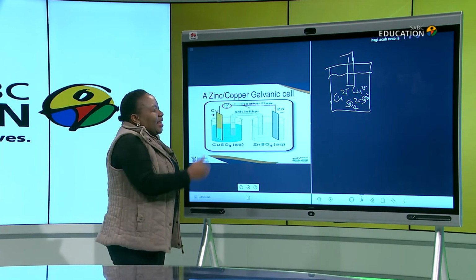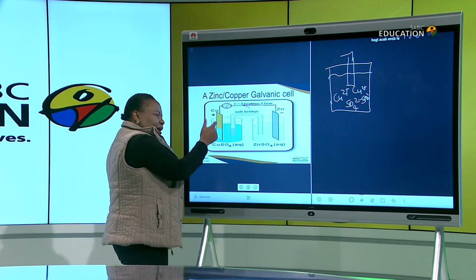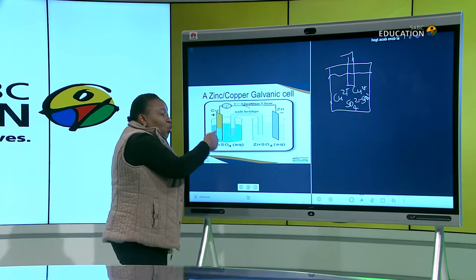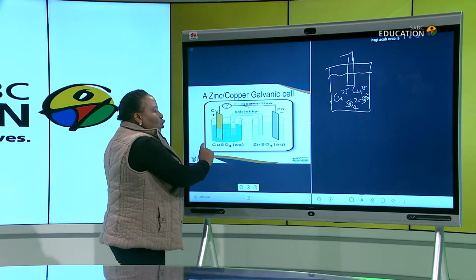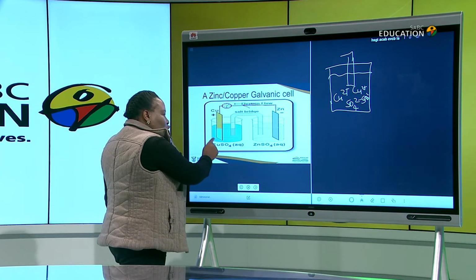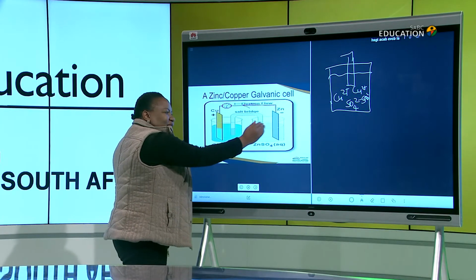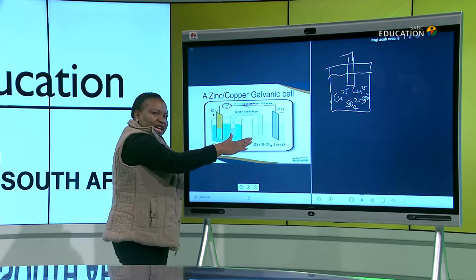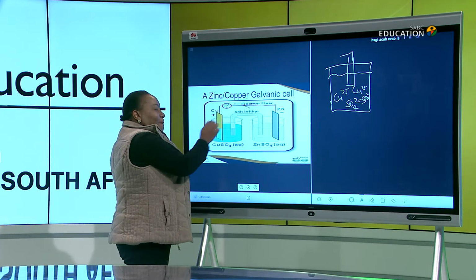Then it means there is a specific ion that is responsible for this blue color of copper. When you look at both of them, they both have sulfate ions, but there is zinc this side, there is copper this side. So this zinc side is a clear color. It means zinc and sulfate didn't change any color, but there's still sulfate and copper, and there is a blue color.